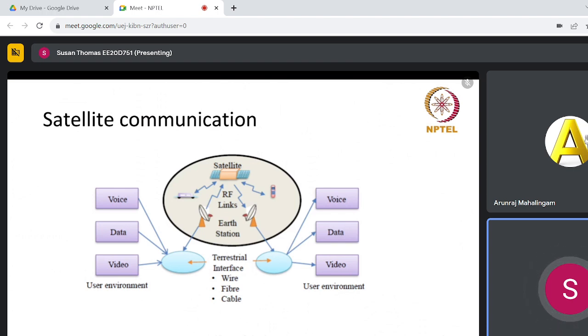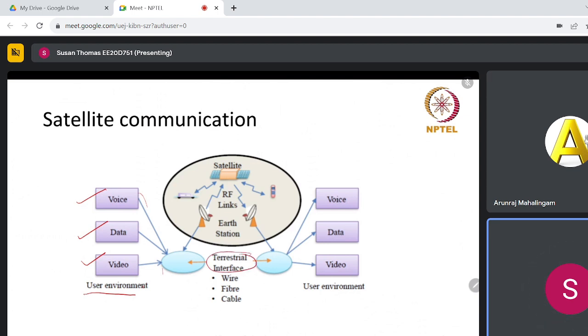As you know, in a satellite communication system, suppose you have a user environment wherein you have voice or data or video, whatever, to be transmitted to a satellite. This will be collected, and there is a terrestrial interface.